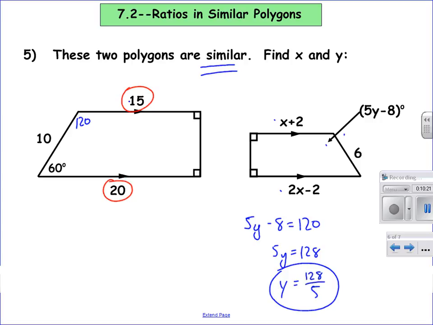We're going to go ahead and simplify that right away, just to make our numbers smaller as we work. So we're going to say 3 to 4. We're going to say the ratio of the top to bottom here has to be the same as the ratio of the top to bottom here since they're similar figures. So 3 is to 4 as x plus 2 is to 2x minus 2.